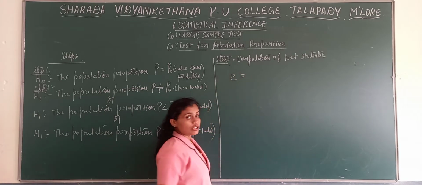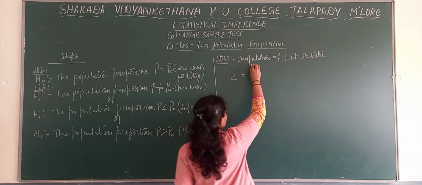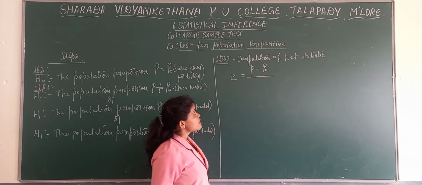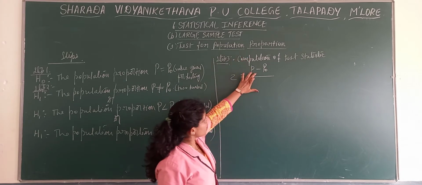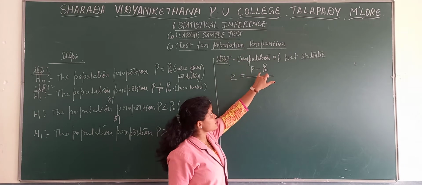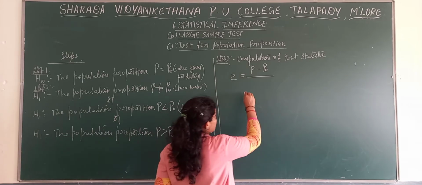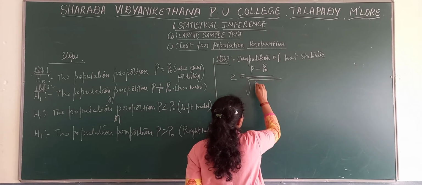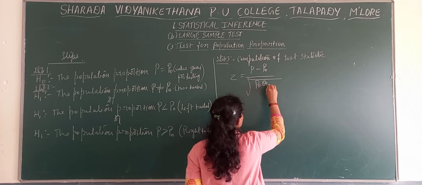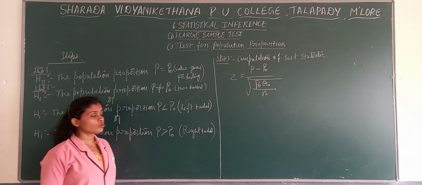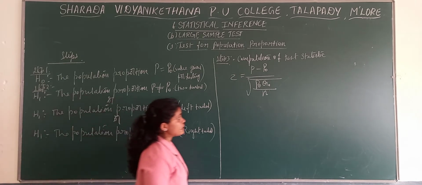Z is equal to p minus P0. Observe, this is a capital letter P and this is a small letter p. Then divided by root of P0 into Q0 divided by n.